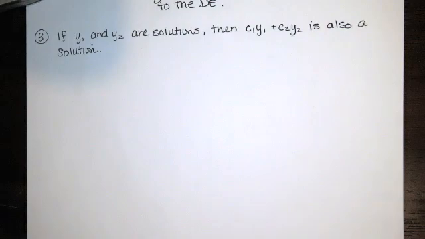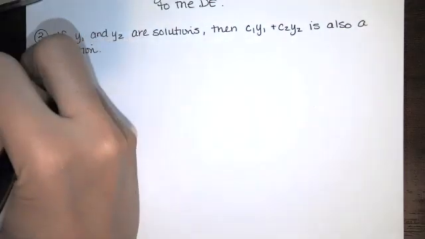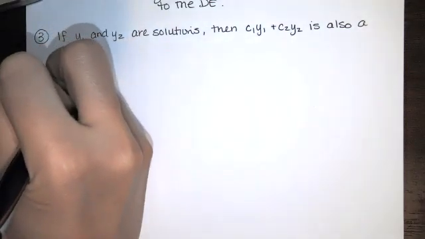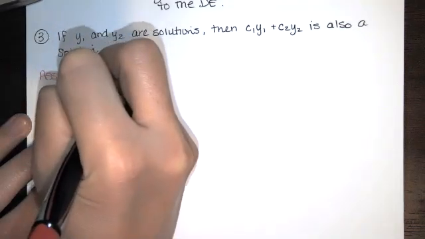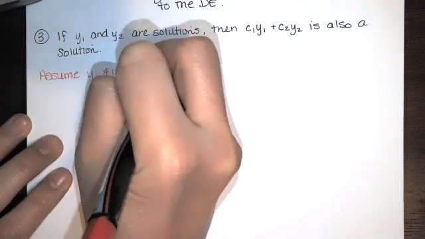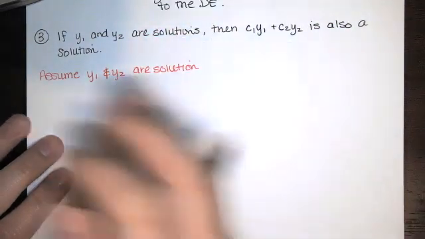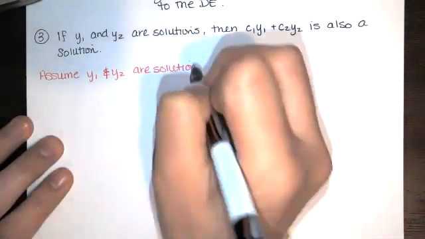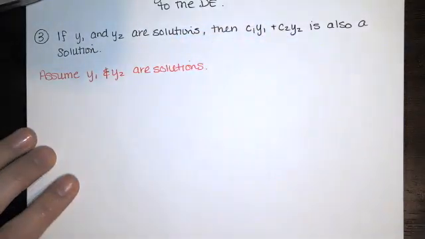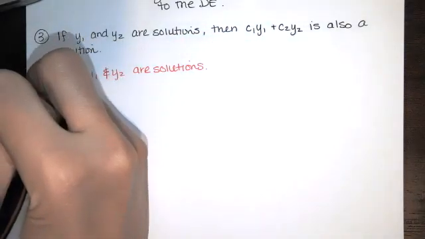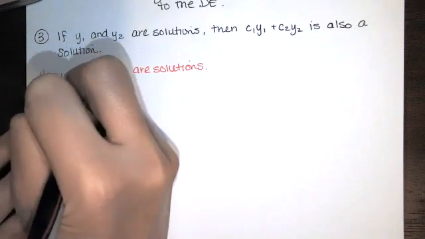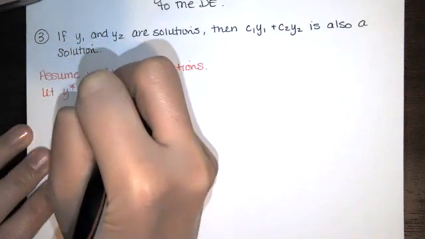In order to prove this, we will assume that y1 and y2 are solutions. So that means if you substitute those into the left-hand side, you're going to get 0 on the right-hand side because the right-hand side is always 0 with a homogeneous differential equation. And then we're going to let y star equal c1y1 plus c2y2.